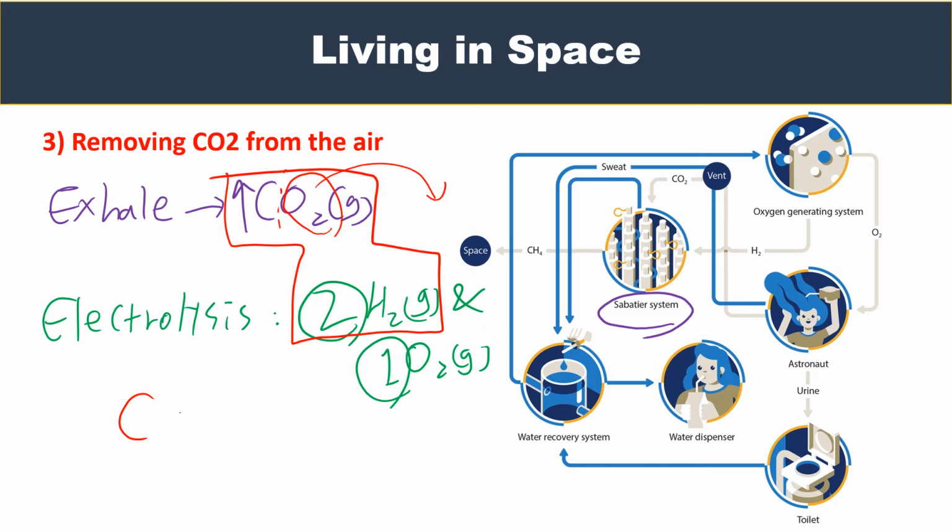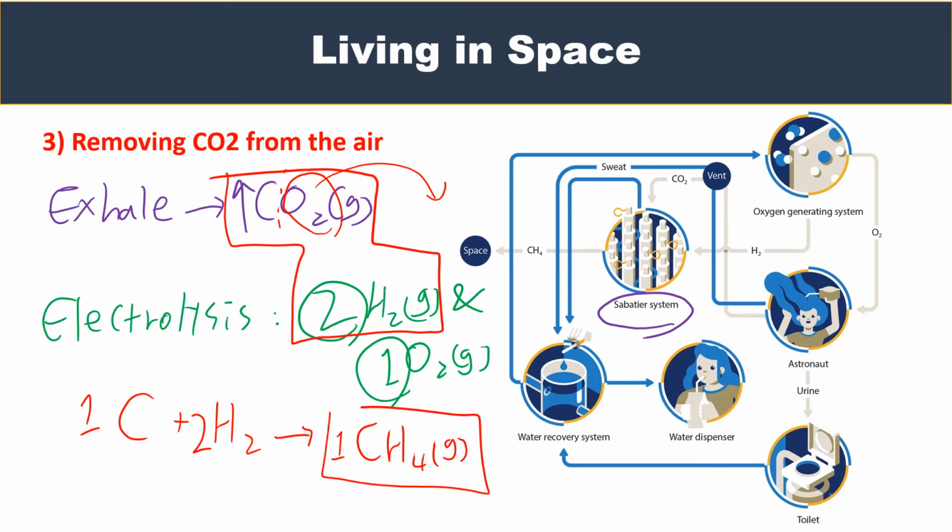Carbon and hydrogen will be combined and turn into methane gas. If you look at the ratio, it's about 1-to-2 to produce one methane gas. This methane gas can be used as excess fuel or discarded into space because it's a combustible gas.